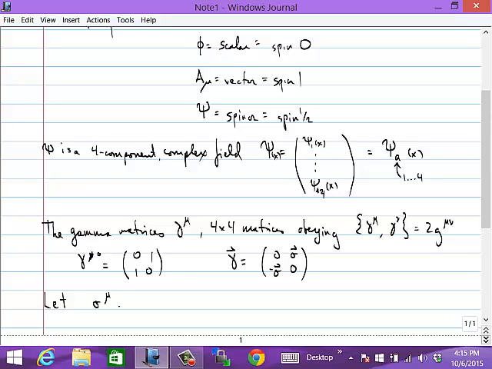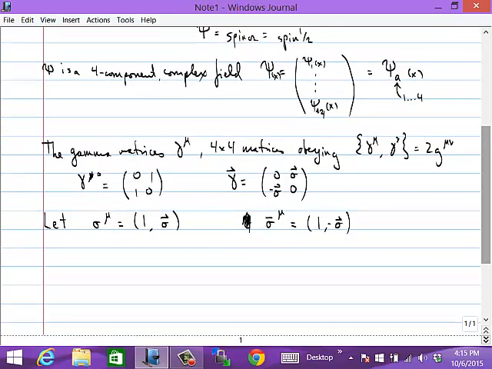So it makes sense to define a quantity that I'll call sigma mu, which behaves a bit like a 4 vector under Lorentz transformations. And in fact, this is really just notation more than anything else. We can define another 4 vector, sigma bar mu. These are 4 vectors, each component of which is a 2 by 2 matrix. But as usual, I'm going to suppress those spinor indices.